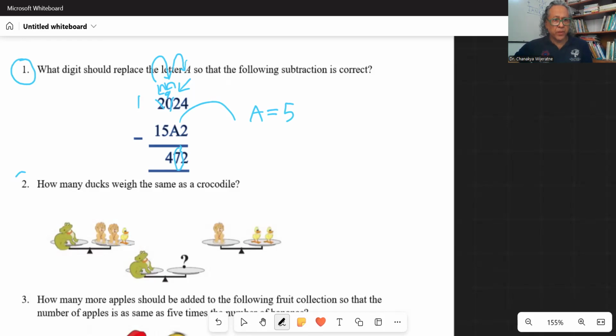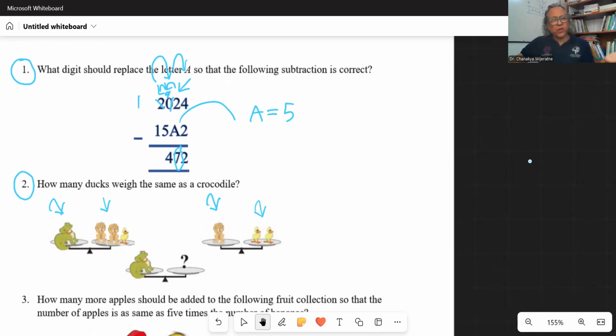Number 2, how many ducks weigh the same as a crocodile? Here we see 2 scales balanced. Here we have 1 crocodile, 2 lions, and a duck. Here we have one lion and two ducks. The question is, how many ducks weigh the same as the crocodile?